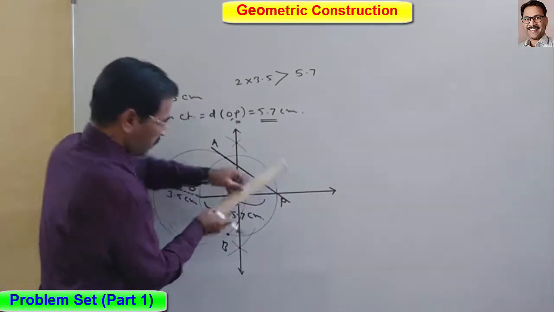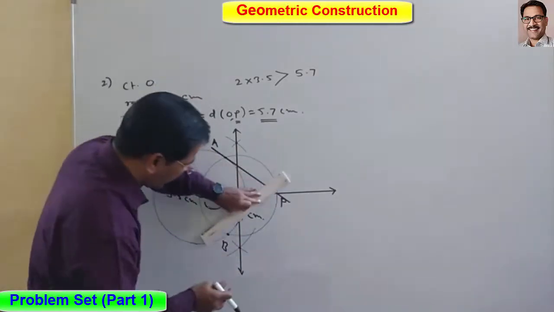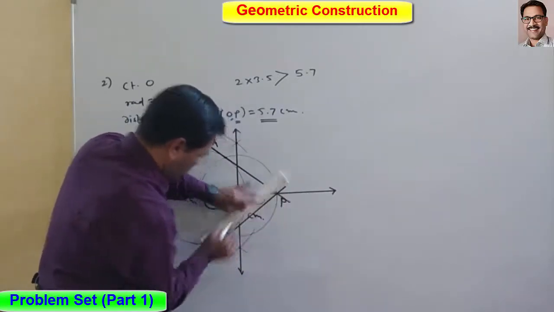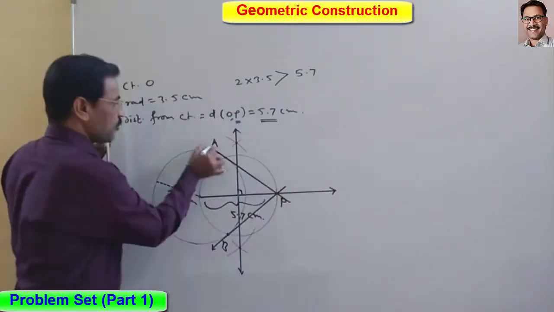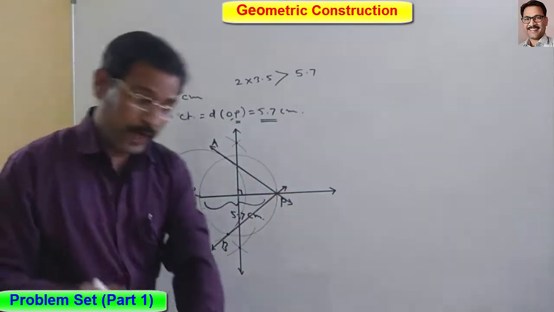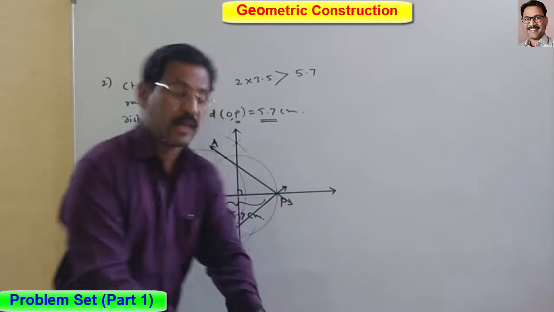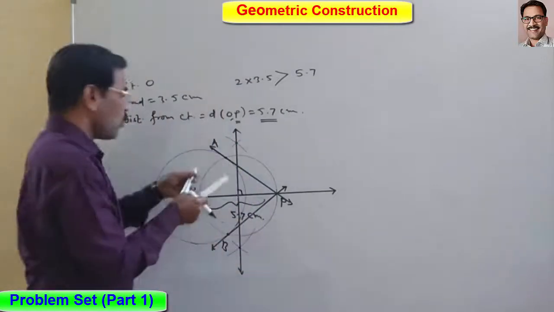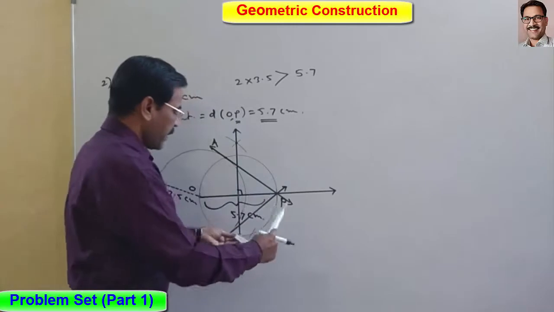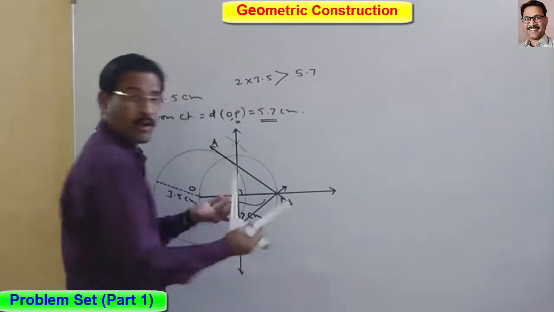Now in the same way, from B also. Finish. Now try to check whether the distances A to P and B to P are both the same or not.